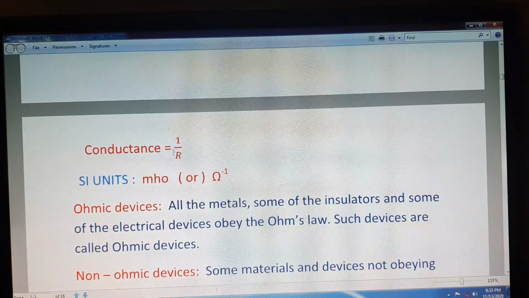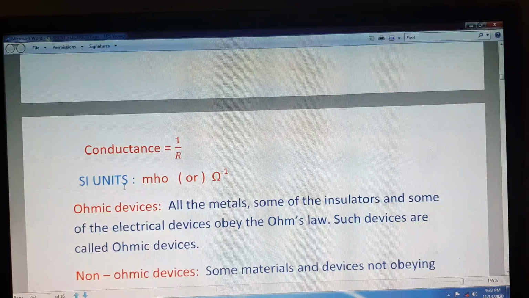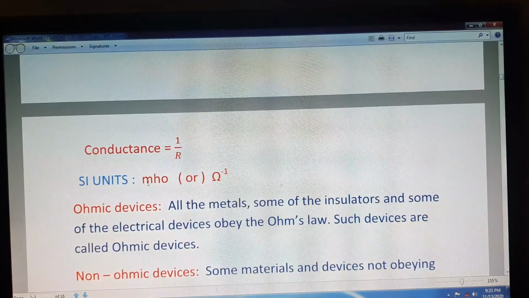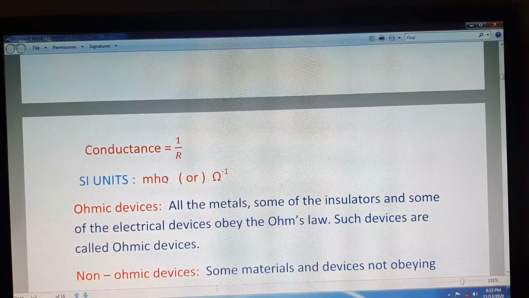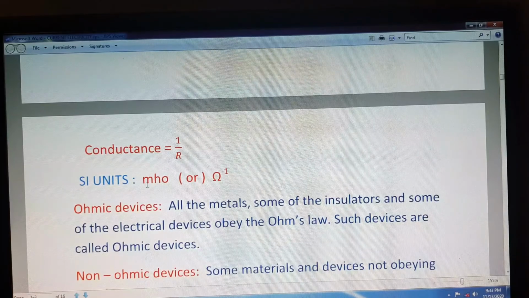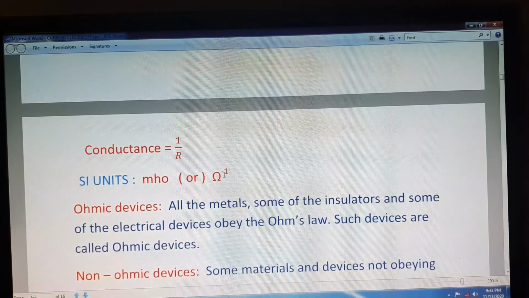Reciprocal of resistance is called conductance. The SI unit of resistance is ohm, so we can take the inverse of ohm, called mho, or ohm inverse, as the SI unit of conductance.